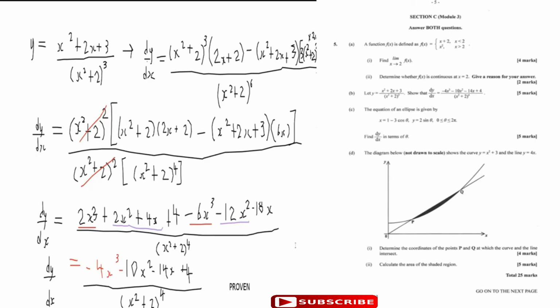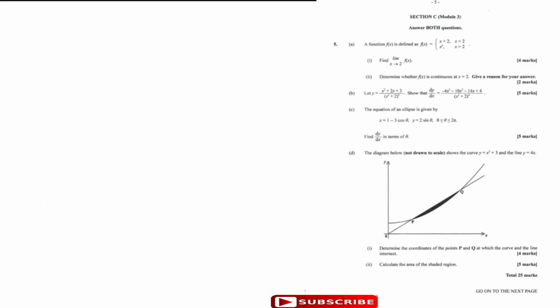Now let's look at part C. Part C gives us that x is equal to 1 minus cos 3 theta, or 1 minus 3 cos theta, and y is equal to sine 2 theta.